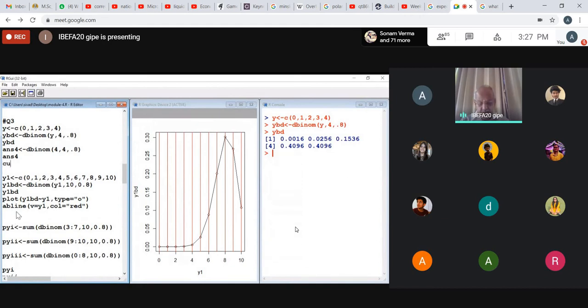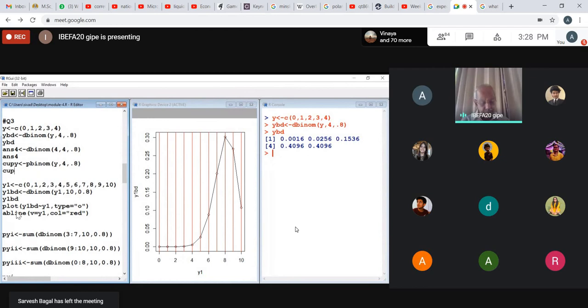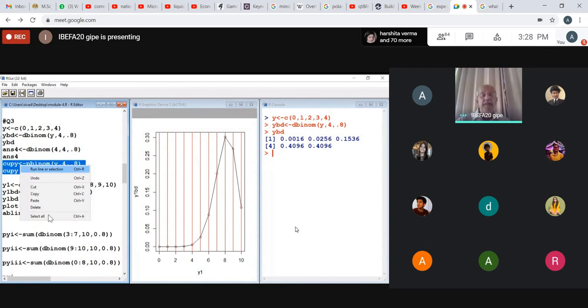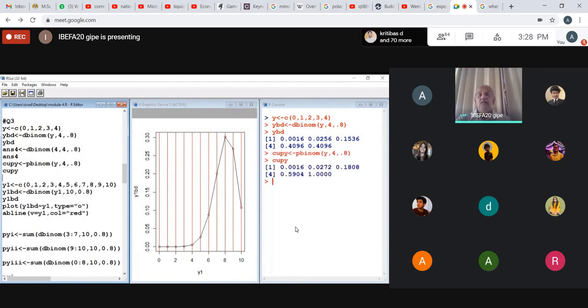I denote the cumulative probability as CUPY for Y. P binom Y, the sample size will be 4 with probability 0.8. Let me compute it. What is the probability? 0.0016.